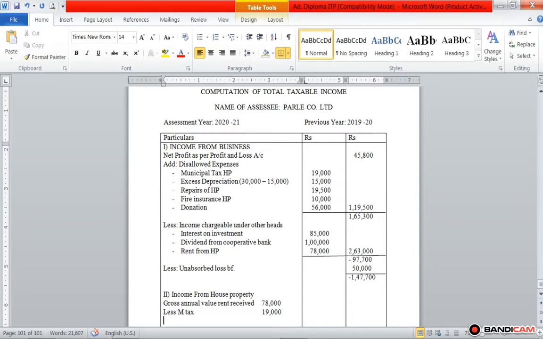Here we get the annual value, that is 59,000.